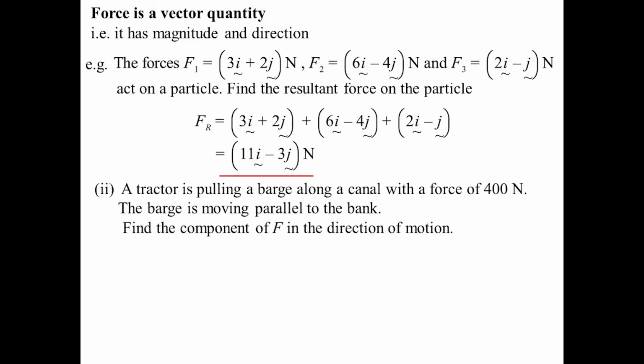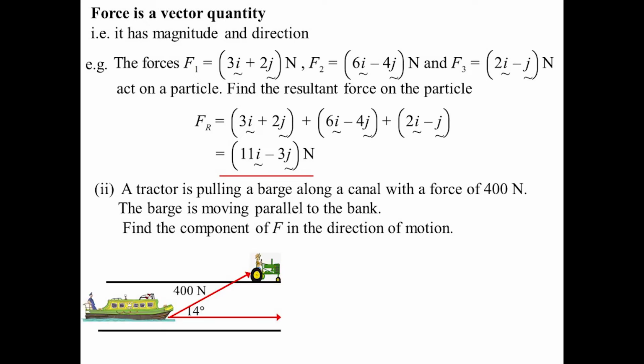A tractor's pulling a barge along a canal, and it's pulling it with a force of 400 newtons, but it's at an angle. We want to know the component of the force in the direction of the motion. Now, I said yesterday, this idea of projections, vector projections, where is it useful? In a way, this is going to be a vector projection, because we're saying, hey, what's the shadow of that force in the horizontal direction?